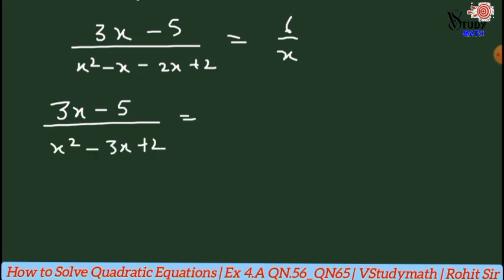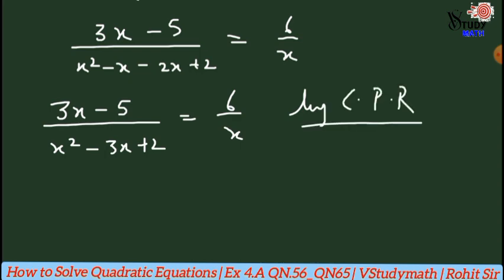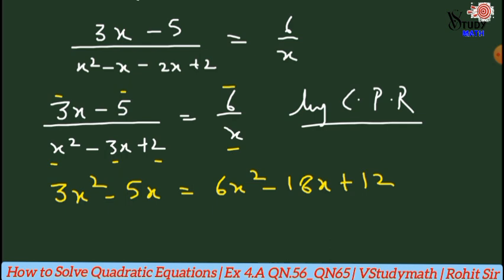Now by CPR, cross product rule, apply here, this x is going to multiply here, and then we have 3x square negative 5x. Now this 6 is going to multiply here and here, then we have 6x square negative 18x positive 12. Now when this negative 3x goes to the right hand side, it becomes negative, and we can write this like 6x square negative 3x square negative 18x, and when this negative 5x goes to the right hand side, it becomes positive 5x positive 12 is equal to 0.